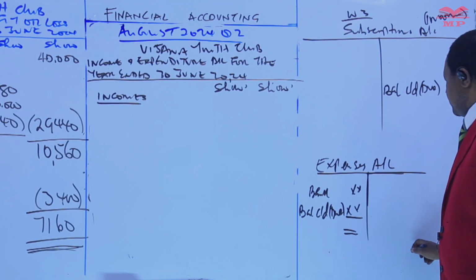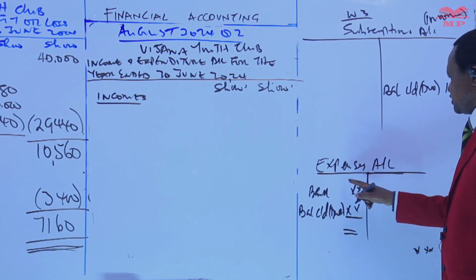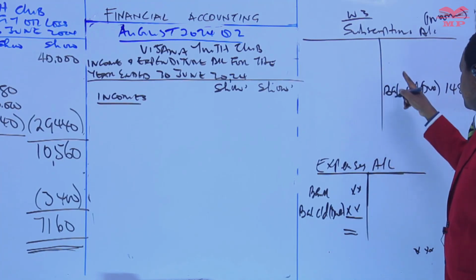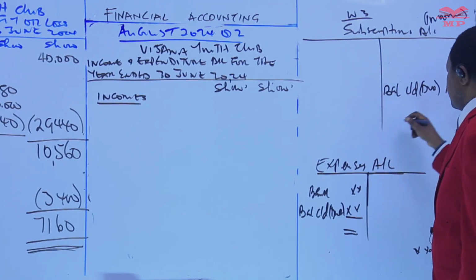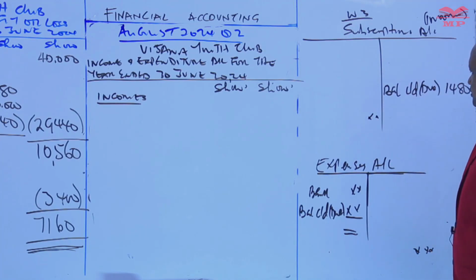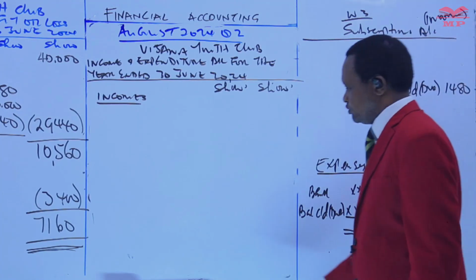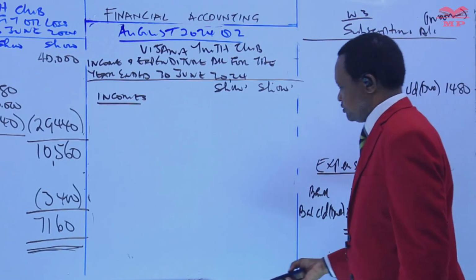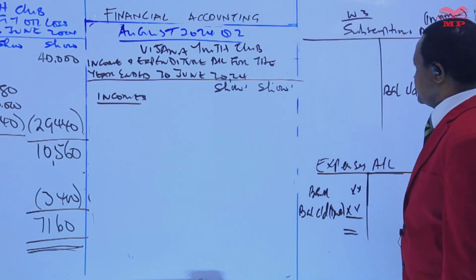It will appear on this side if it's an expense. But if it is an income, it will appear on this other side. I hope I'm not confusing you. But let's do it step by step.